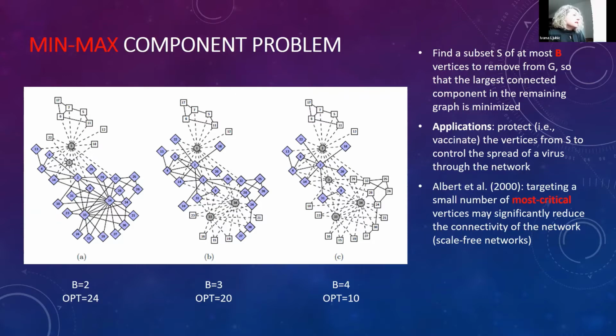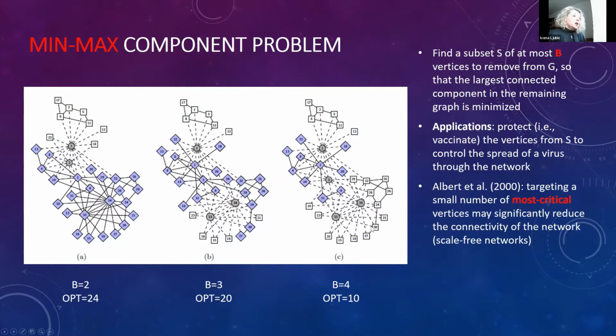by protecting a relatively small number of vertices, which means by removing them, we could actually achieve significant improvements in protecting our networks. In other words, the size of the largest connected component, and especially in the scale-free graphs, goes down very fast by just slightly increasing the number of nodes that we have to protect.